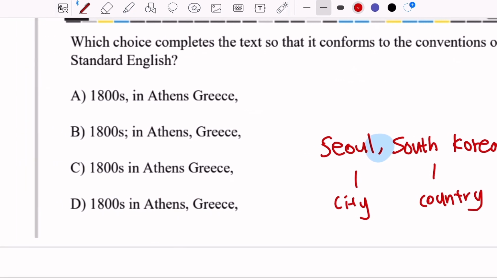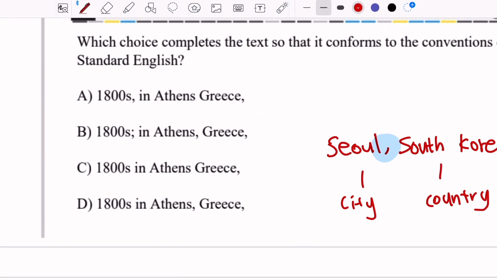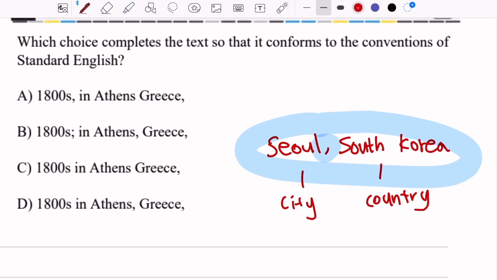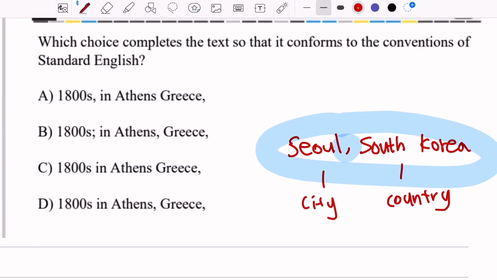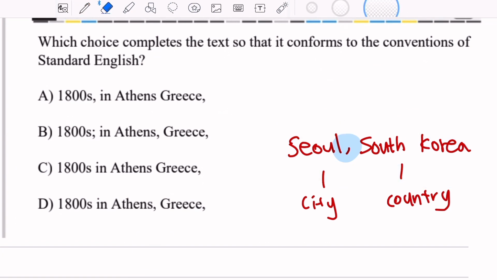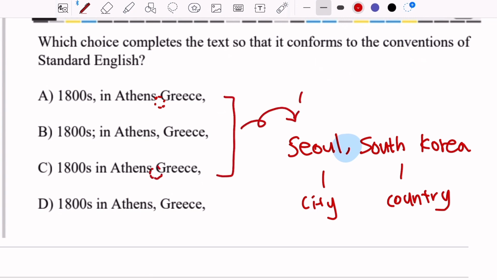So the answer choices are pretty similar to this one. So Athens, comma, Greece, right? It should be Athens, comma, Greece. So there's no comma, right? No comma over there.